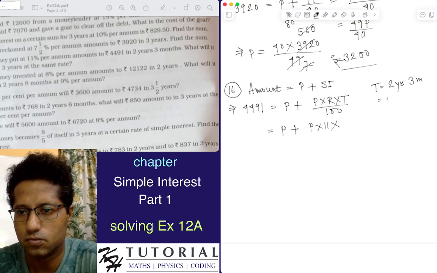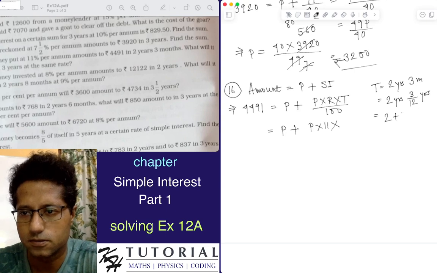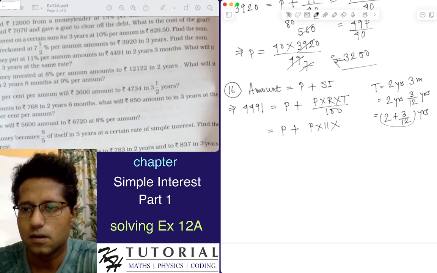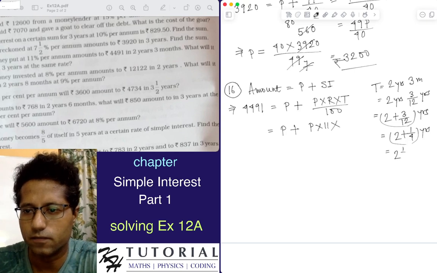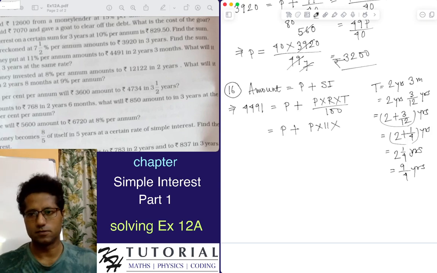Now this is 2 years plus 3 by 12 years. This is 2 plus 1 by 4 years, which is 2 and 1 by 4 years, and this is 9 by 4 years. So 2 years 3 months means 9 by 4 years.